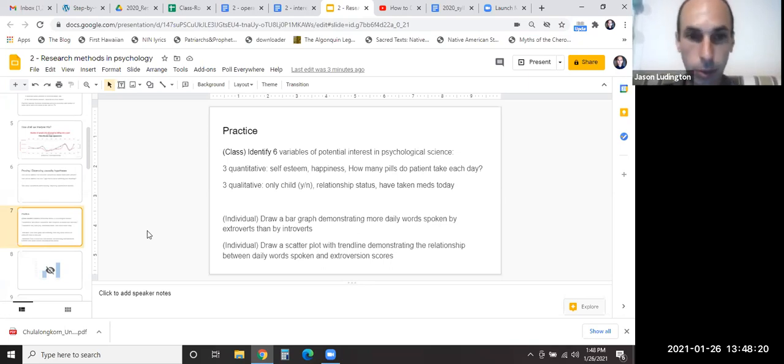Outgoing, actually, that's a better word, outgoing. So draw a scatter plot. Just make it up. You could draw it on paper or draw it in the air with your finger.